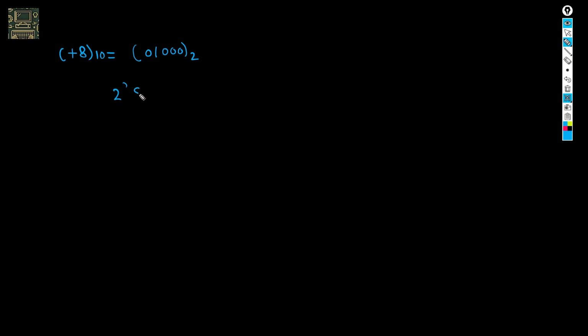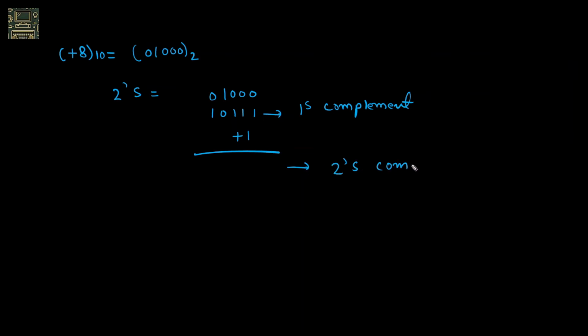Now what is the 2's complement of this number? So we will calculate first the 1's complement of the number. Then we will add plus 1, and that's how we will get the 2's complement representation of plus 8, right?